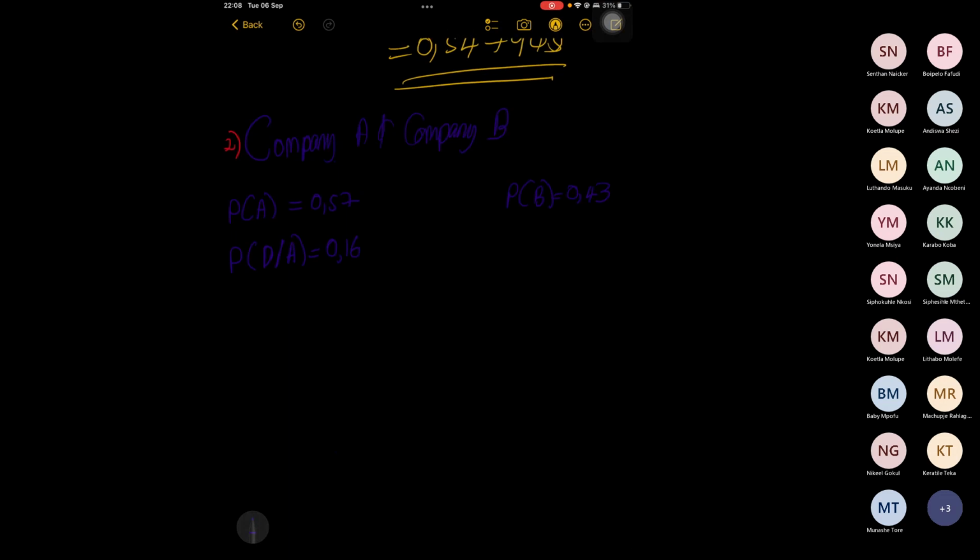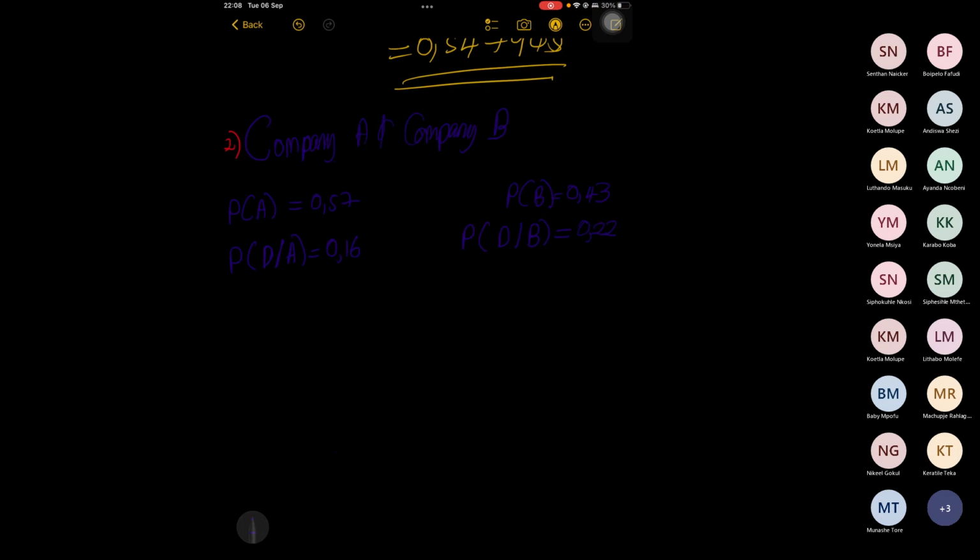This is what that 16% is implying. Of the houses built by company B, it's 22%, so the probability of defects given company B is 0.22.